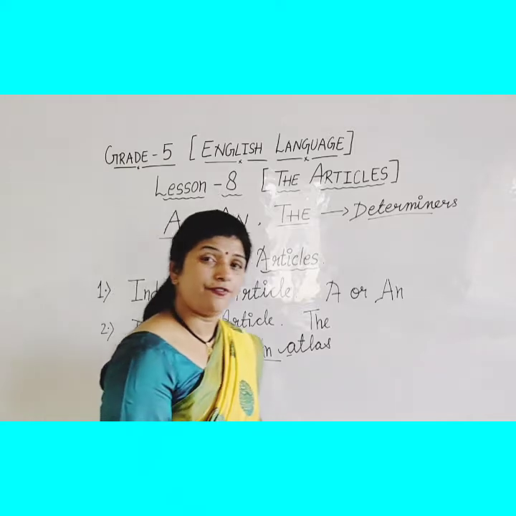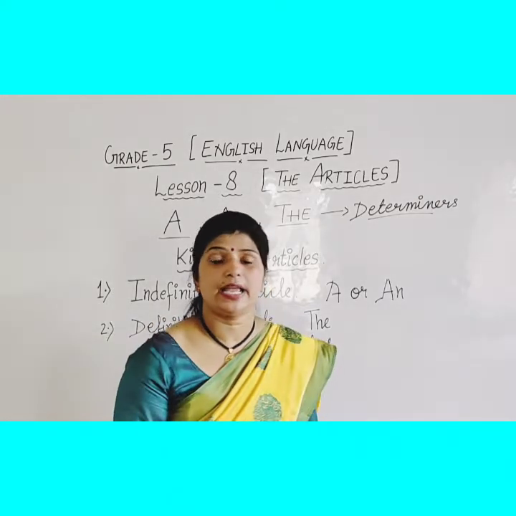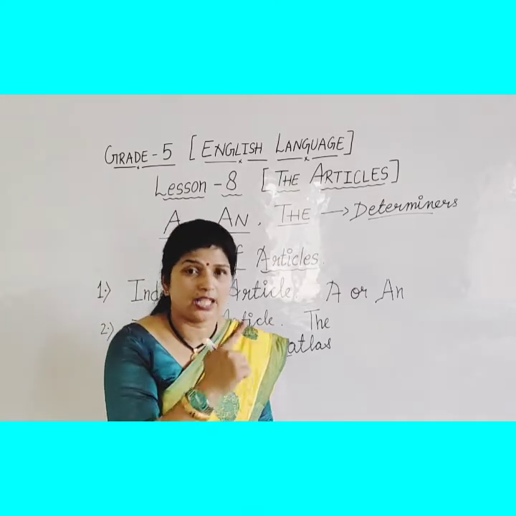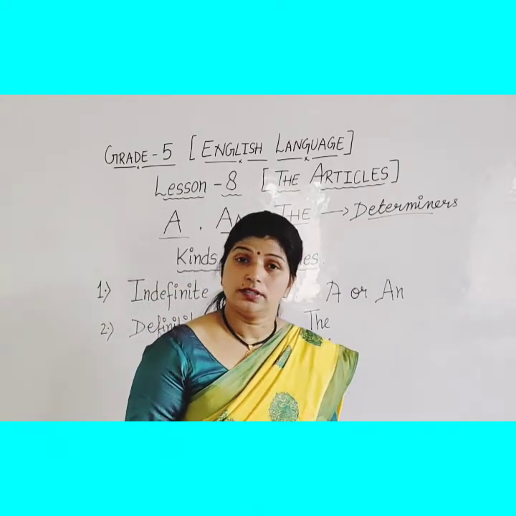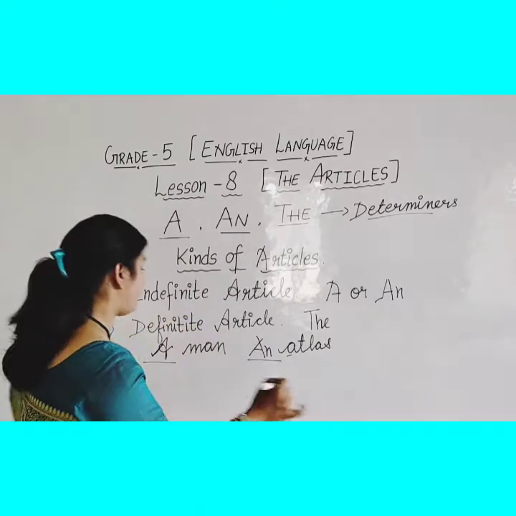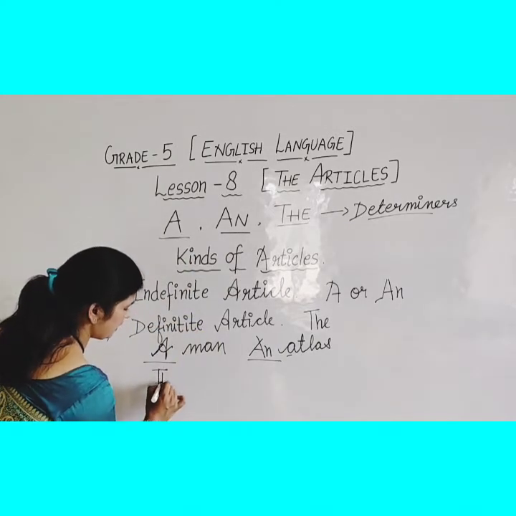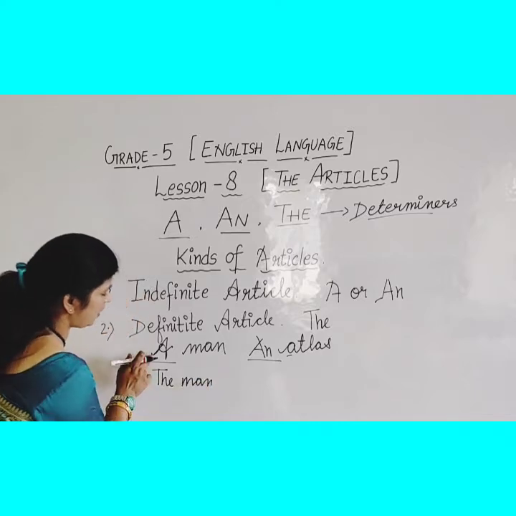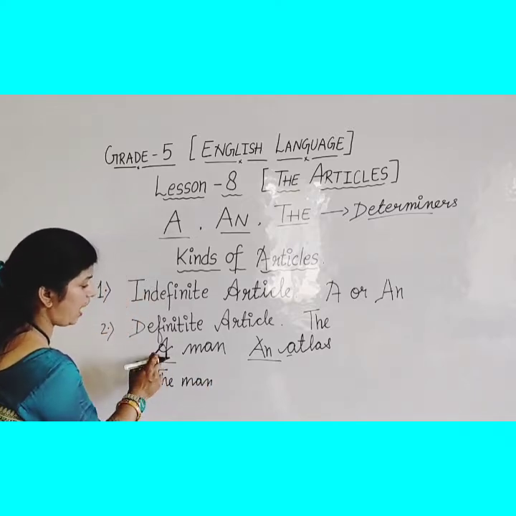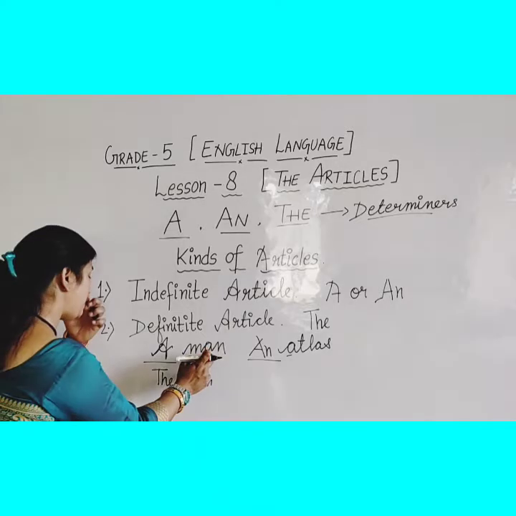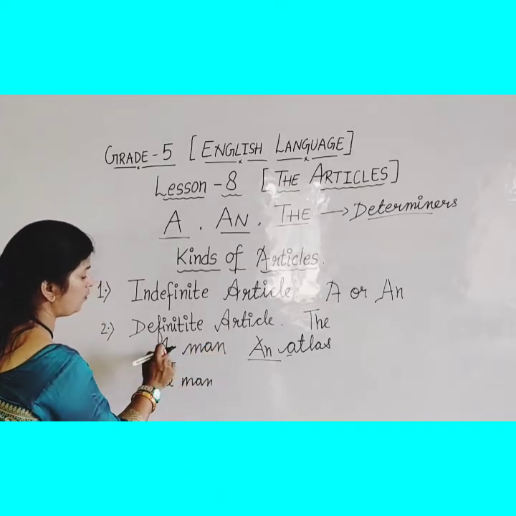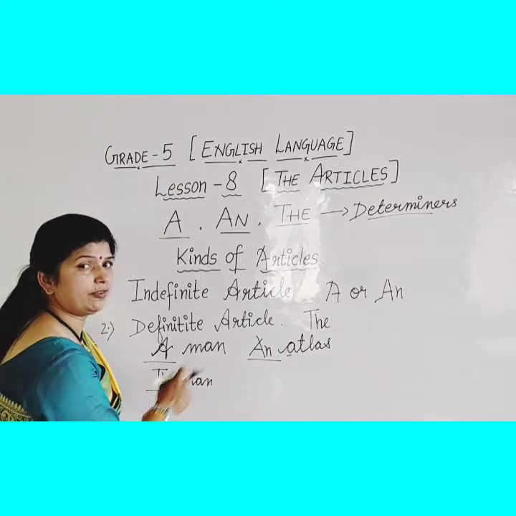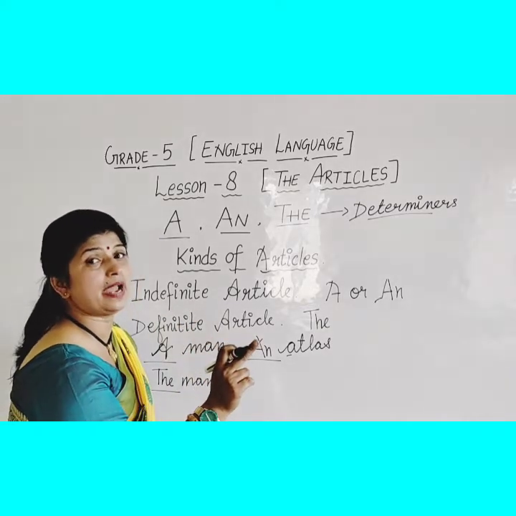And if I talk about that particular man only, then at that time we will write the man. What will we write then? The man. At that time we will not write a man, because here it could have been any man. So we wrote a man, but now we are confirmed that we are talking about that particular man only.